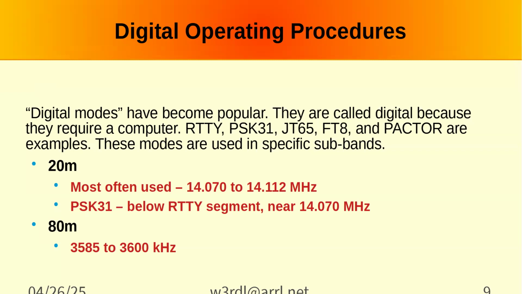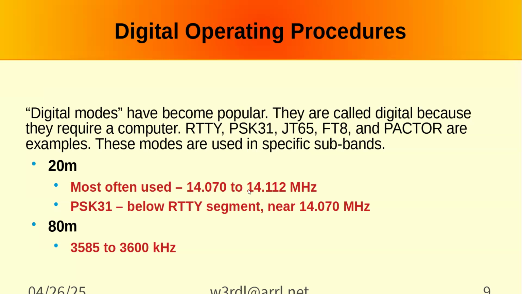Most of these things fall within this range on 20 meters between 14.070 and 14.112, whether it's FT8 or JT65 or RTTY, any of those. PSK is down closer to 14.070 on 20 meters.